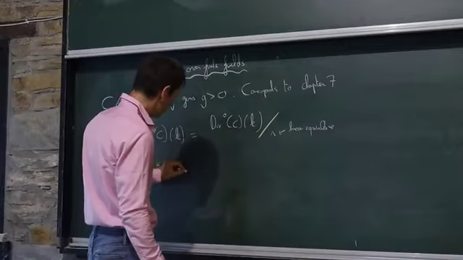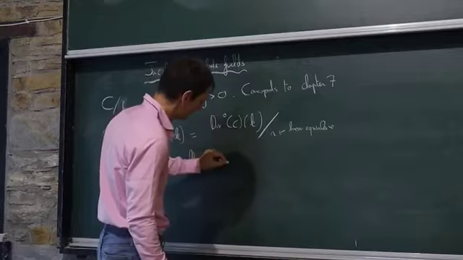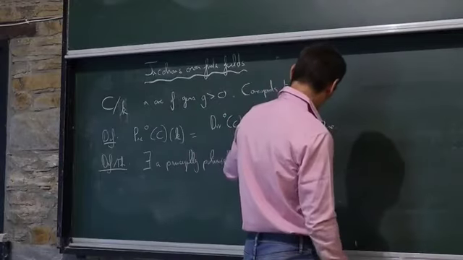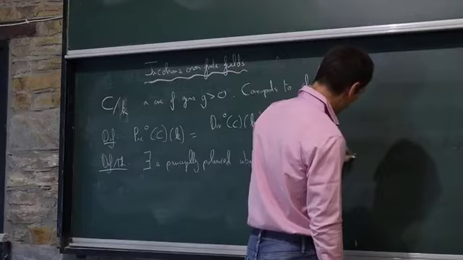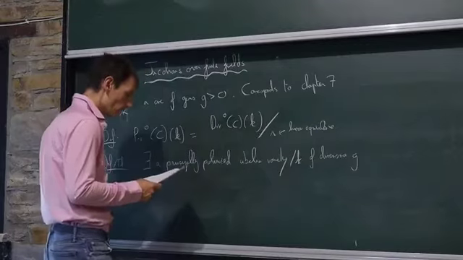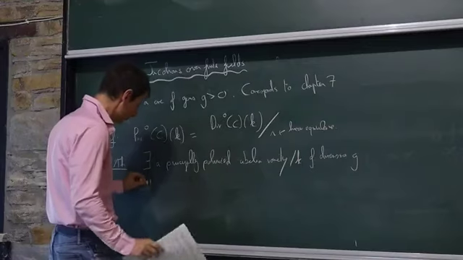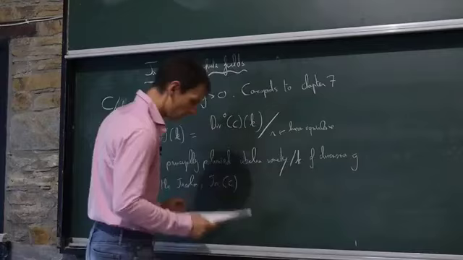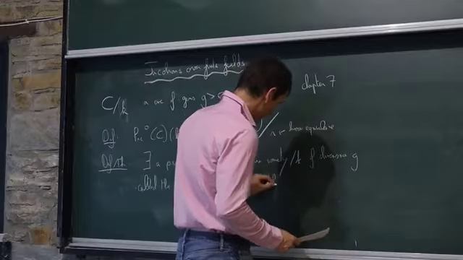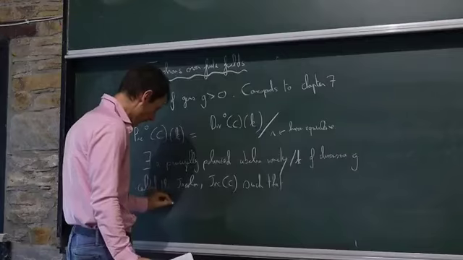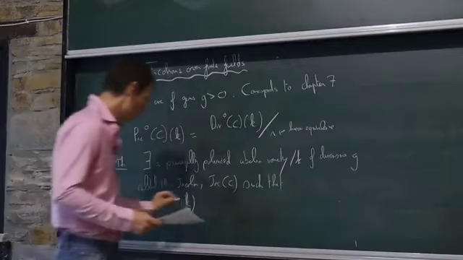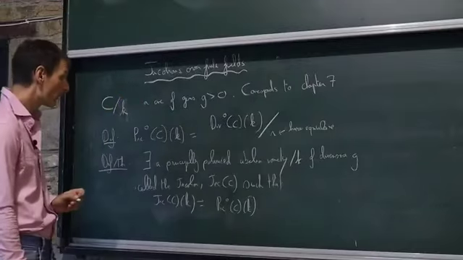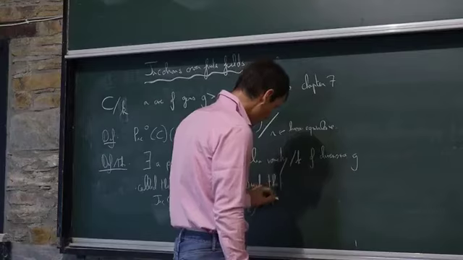So there exists a principally polarized abelian variety over K of dimension g, and that's why I wanted to exclude g equals 0, because then it would be just a point, such that, so-called the Jacobian of C, and denoted Jac C, such that if I look at the K-rational points on Jac C, these are the K bar elements of Pic^0(C) which are invariant by the action of Gal(K bar over K).